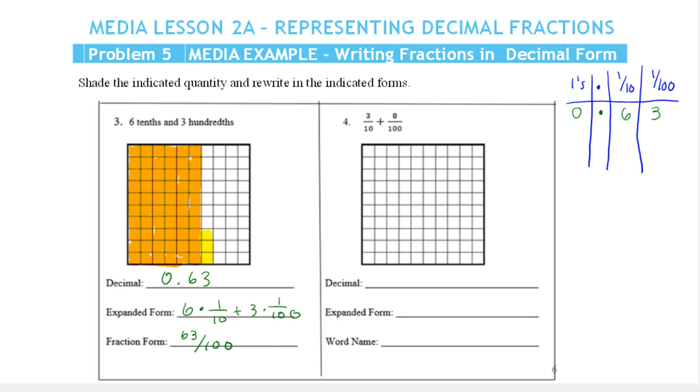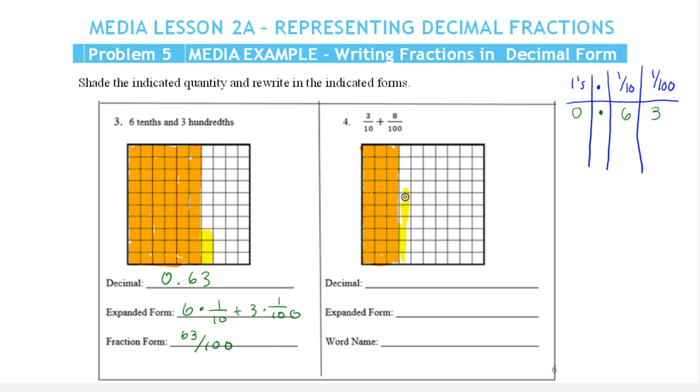And finally, our last one, 3 tenths plus 8 over 100. So 3 tenths would be 3 orange strips. And then 8 hundredths would be 8 yellow squares.